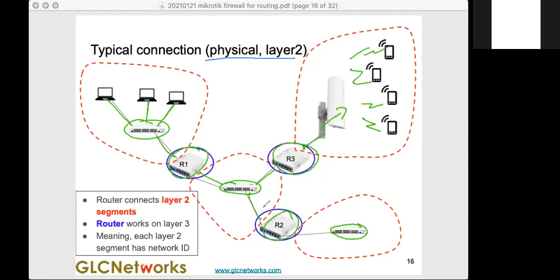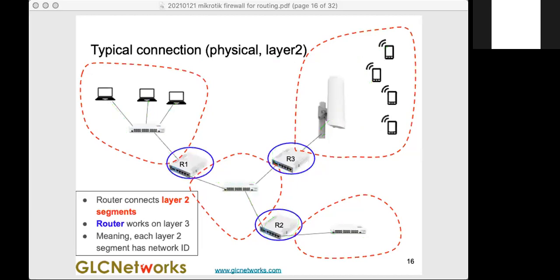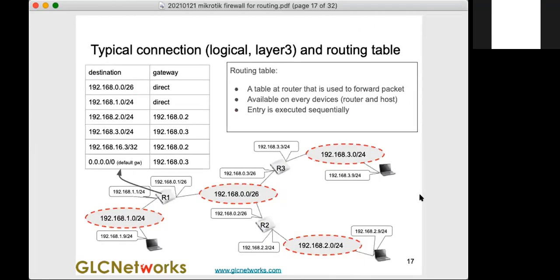Okay, so it's very physical, and sometimes we call it the physical topology, that says the layer 2 connectivity. This is how the cables flow. This is where we put the cables. This is where we put the routers. Those are layer 2. And then after that, we need to talk about layer 3.